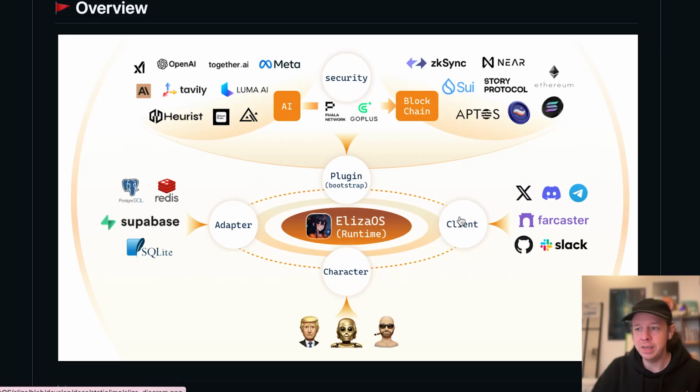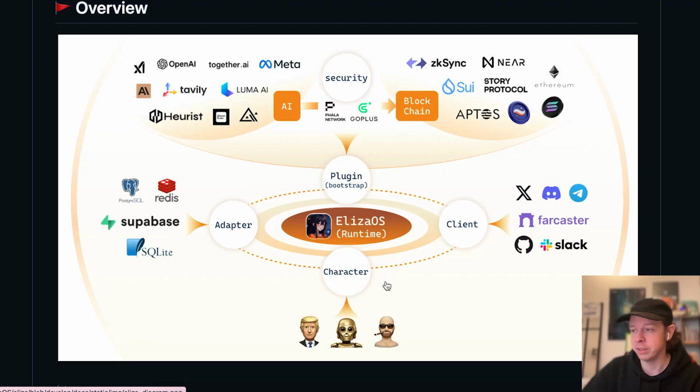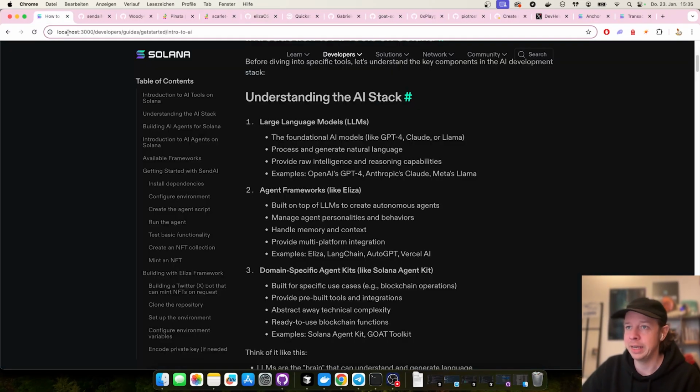It will save the state in some kind of adapter database. And then we have this character here. And this character is basically just a JSON representation of a person. So what we're going to create is a helpful Solana helper. And it basically knows everything about Solana, and it has different plugins that it can use to do certain on-chain actions. We're going to come to this later.